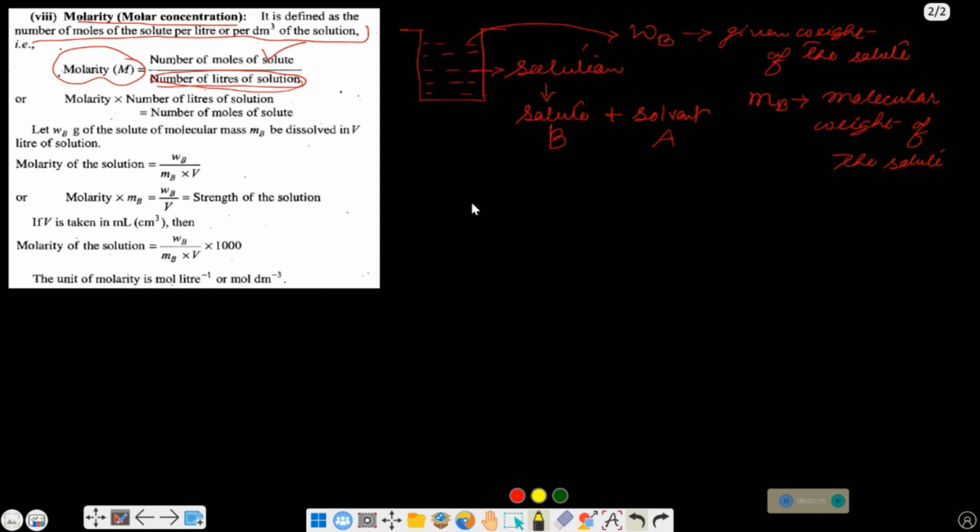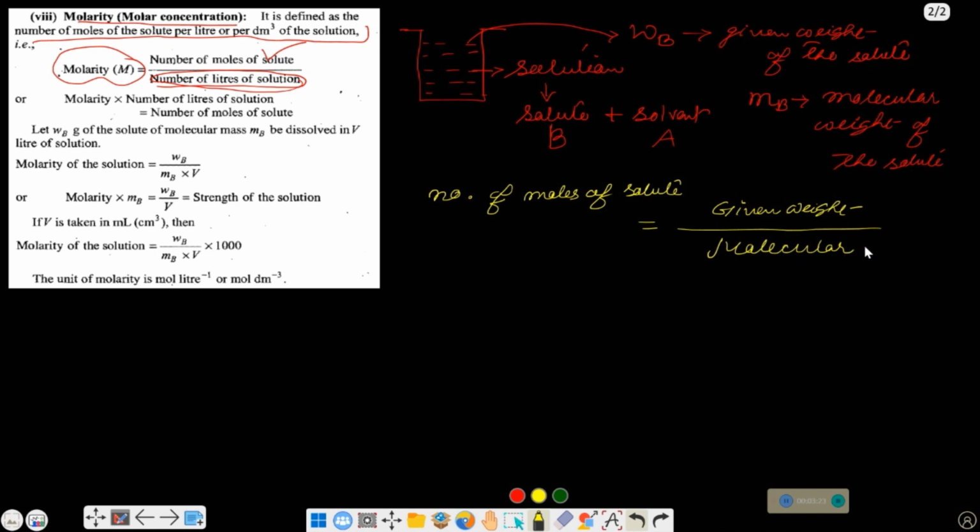So what will be the number of moles of solute? Number of moles of solute is equal to the given weight divided by the molecular weight.